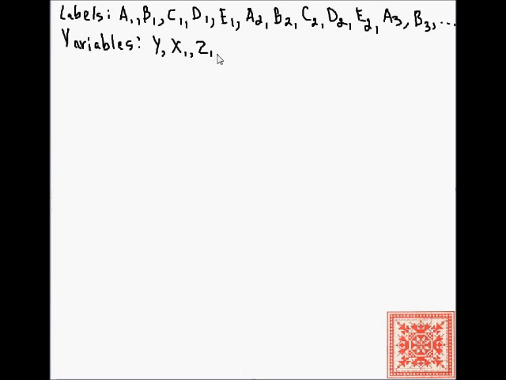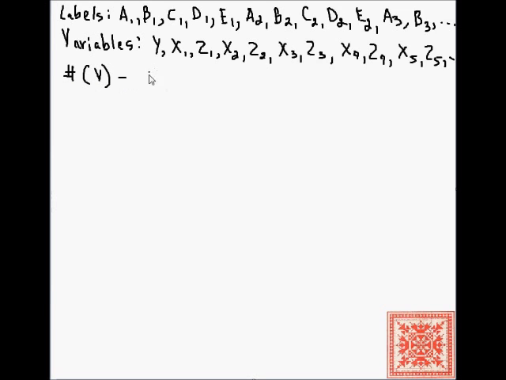We can arrange variables in a similar list. Y is going to be the output, and it's the first variable in that list, and then x1, z1, x2, z2. The x's are input variables, which we can think of as registers, and the z's are internal variables. So: y, x1, z1, x2, z2, x3, z3, x4, z4, and so forth. If v is a variable, then the number of v is defined as the position of v in the list of variables.